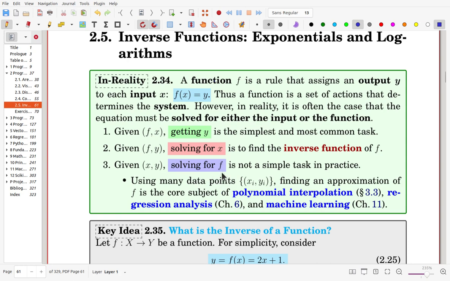To find f, we may try to use many data points, x_i, y_i. Finding an approximation of f is the core subject of polynomial interpolation, regression analysis, and machine learning. We'll consider this subject later on.